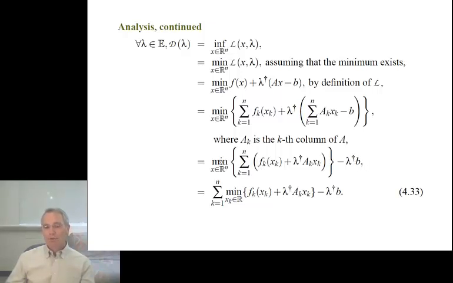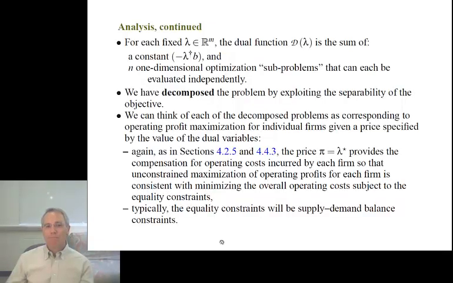And furthermore, the minimum of the sum is equal to the sum of the minimums. What we've just done is taken the inf of the Lagrangian and broken it up into the sum of terms. Each term involves a minimization subproblem, we can call it.